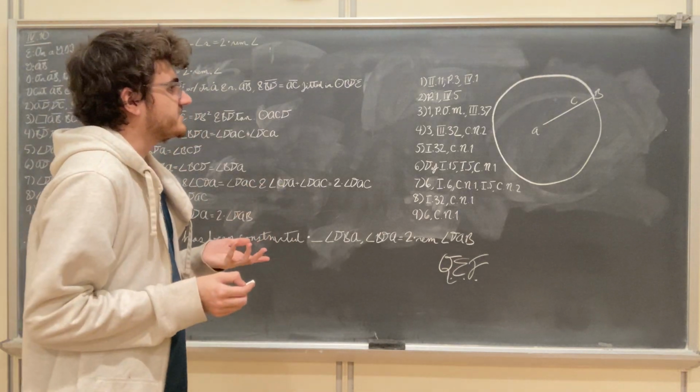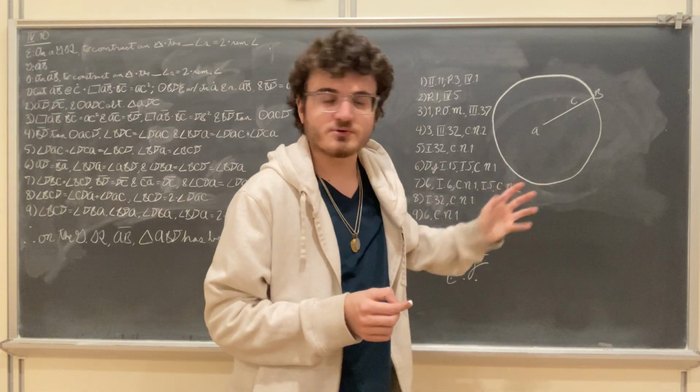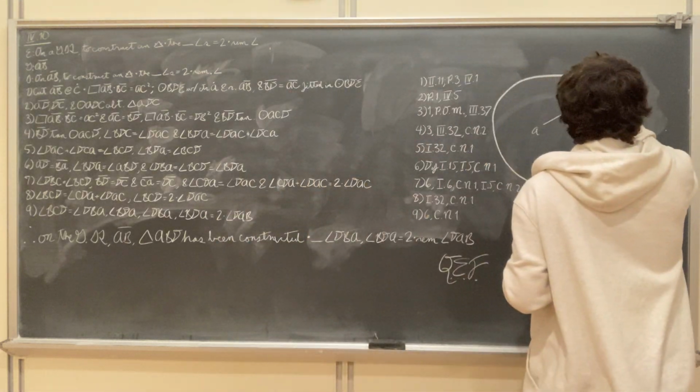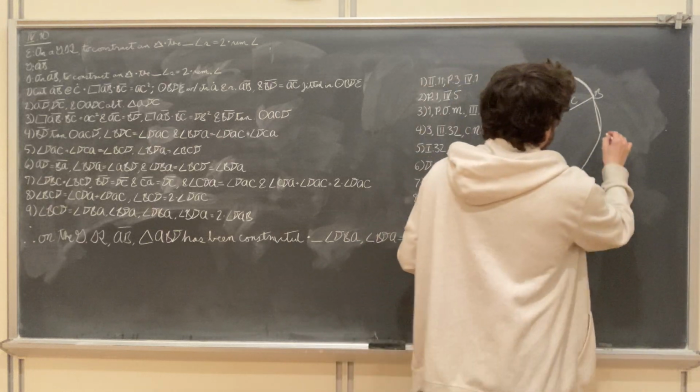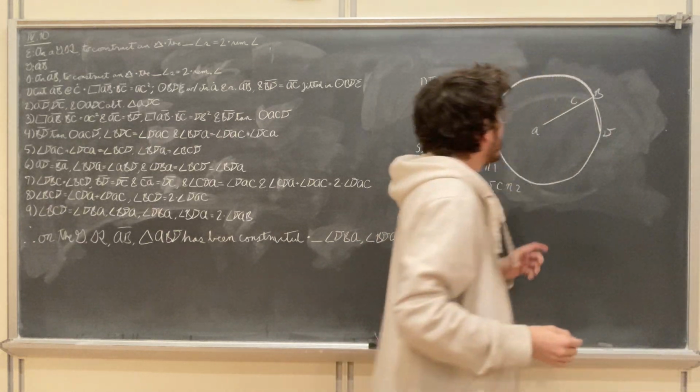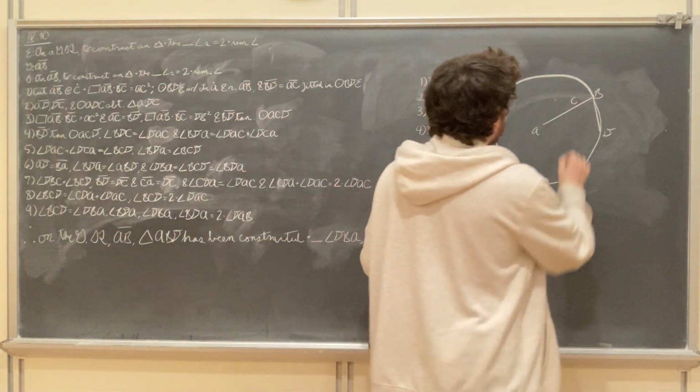Now next, we're going to fit a straight line within this circle BDE. We're going to fit the straight line BD like so, and we're going to fit BD into the circle such that it is equal to AC.